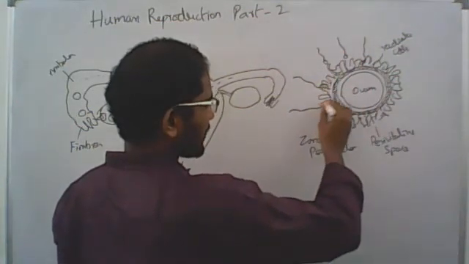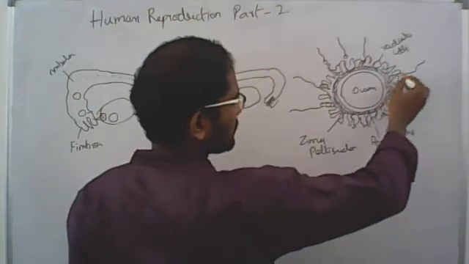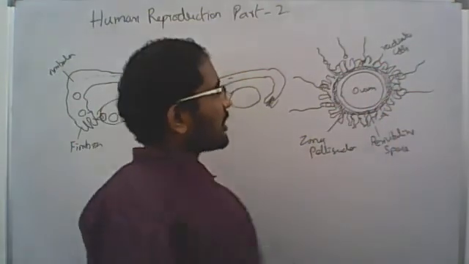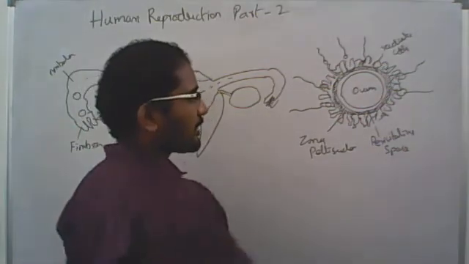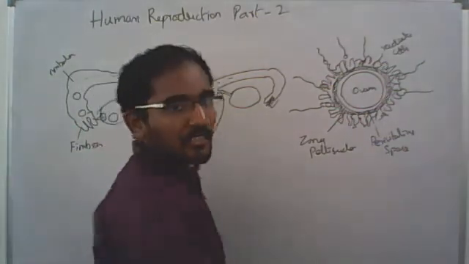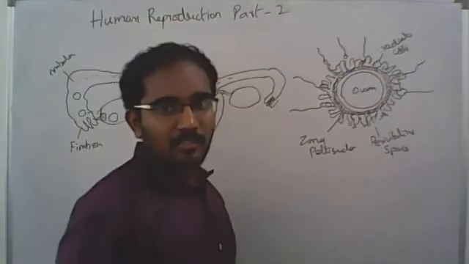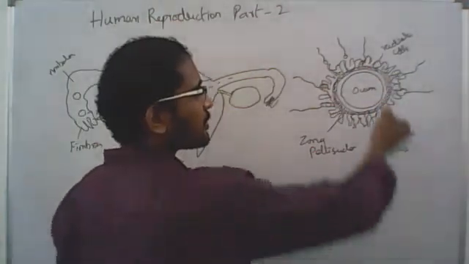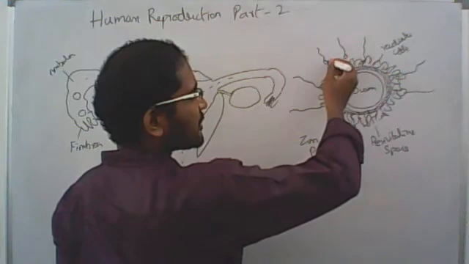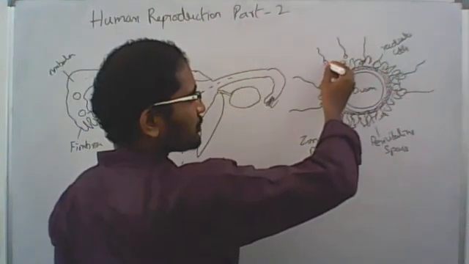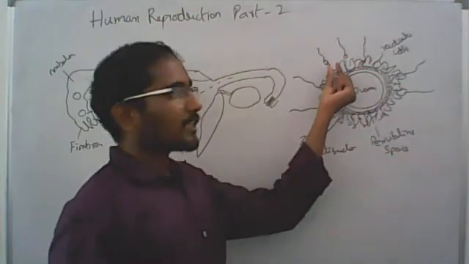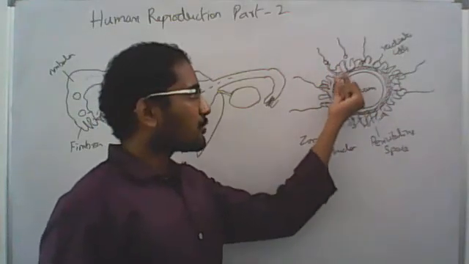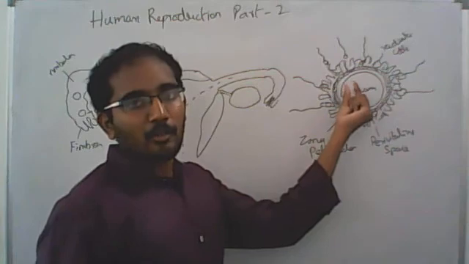Everything is trying to reach the ovum. The first thing happening is that the sperm has to reach the zona pellucida. The sperm's head has the acrosome, the enzyme we already discussed in the last video. That acrosome is going to break down the surface membrane of the ovum.